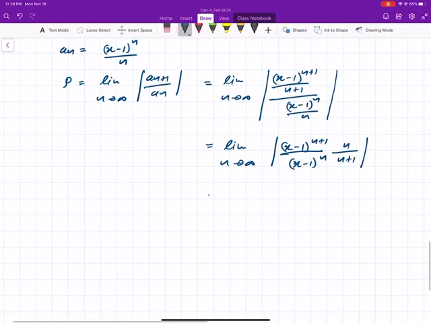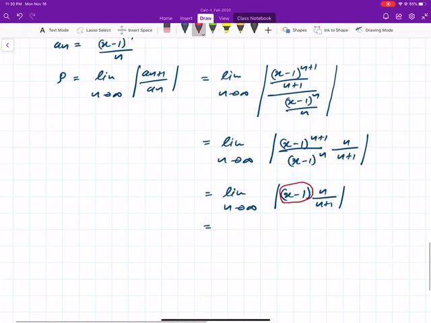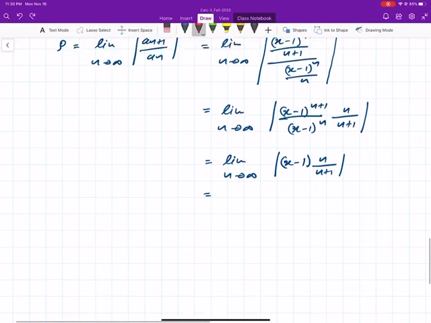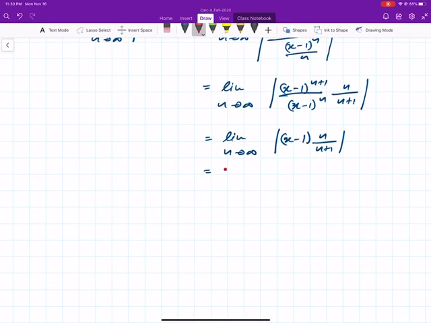If you simplify further, you get the limit of the absolute value of x minus 1 times n over n plus 1. The x minus 1 part is independent of n, so you can take it out of the limit. You can drop the absolute sign on n over n plus 1 because it is always positive.